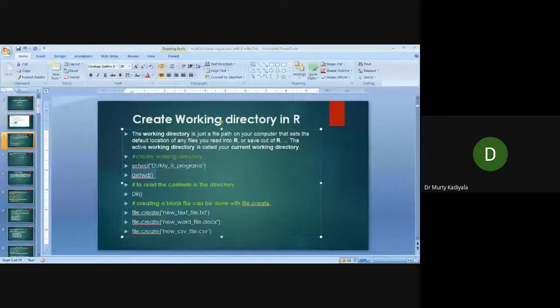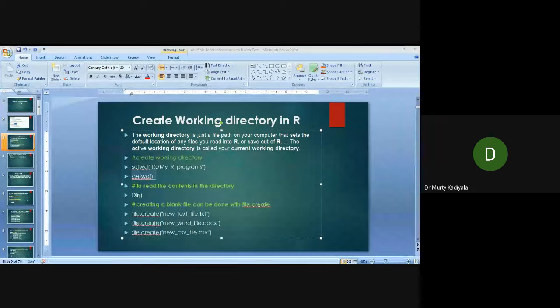What is your current directory? So D drive. You said my program something, right? Yes, sir.